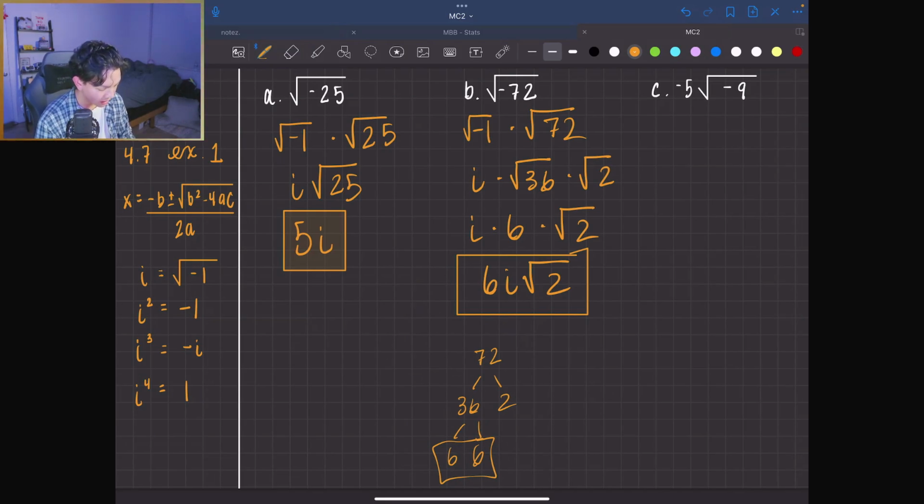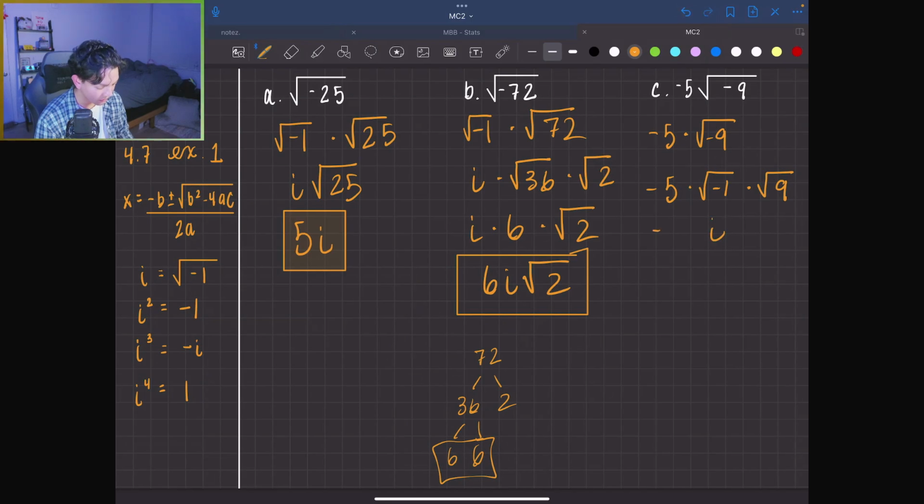We have -5 times the square root of -9, which is the same thing as -5 times the square root of -1 times the square root of 9. Notice how I'm changing the -9 into two separate parts: the square root of -1 times the square root of 9. And lastly, we know that the square root of -1 is the same thing as i.